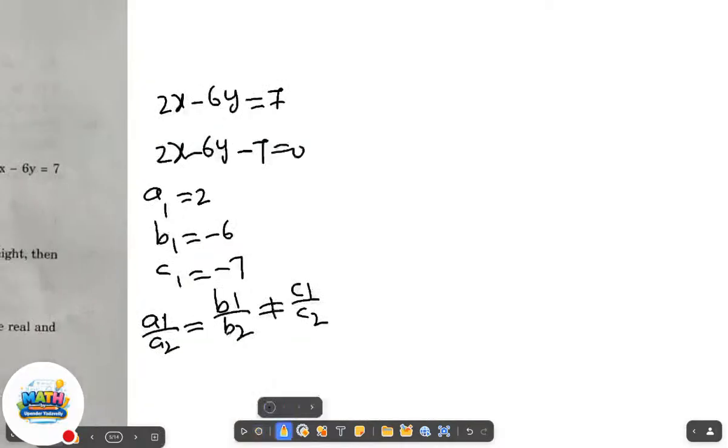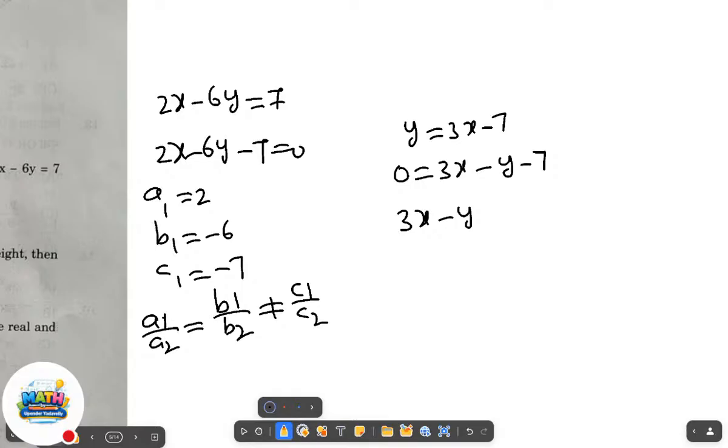Sending y to the right side, 0 equals 3x minus y minus 7, otherwise we can write it as 3x minus y minus 7 equals 0. So here a2 is 3, b2 is minus 1 and c2 is minus 7.